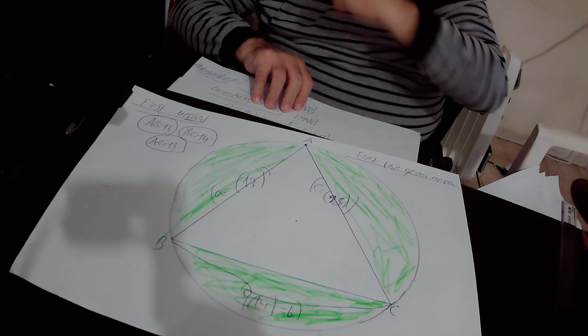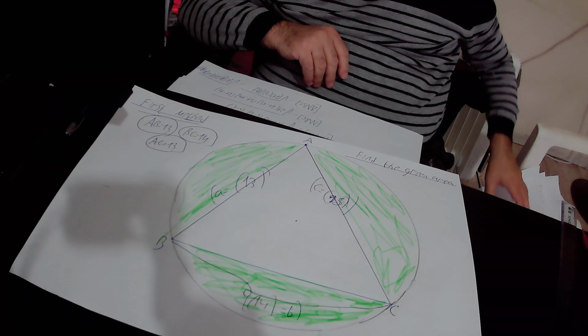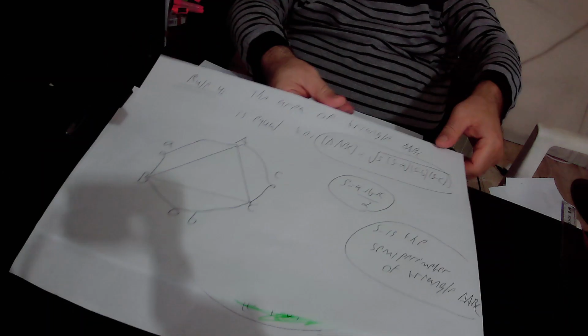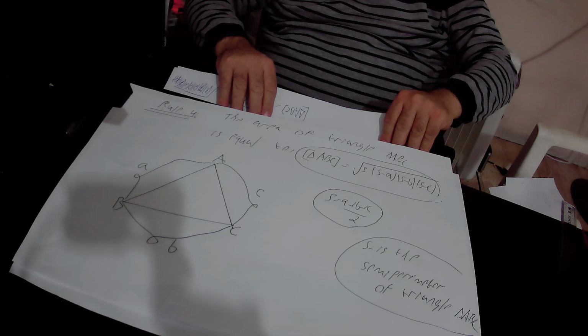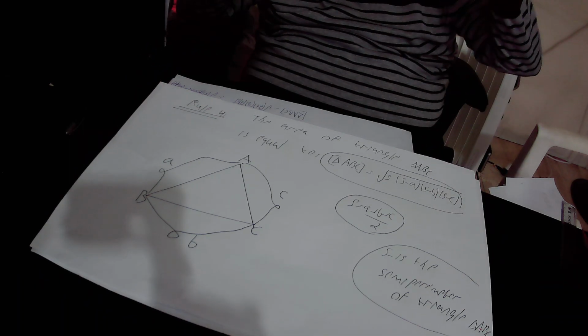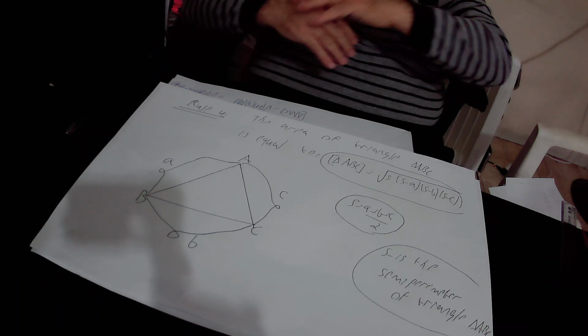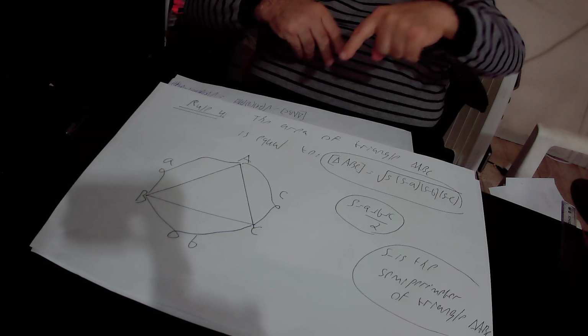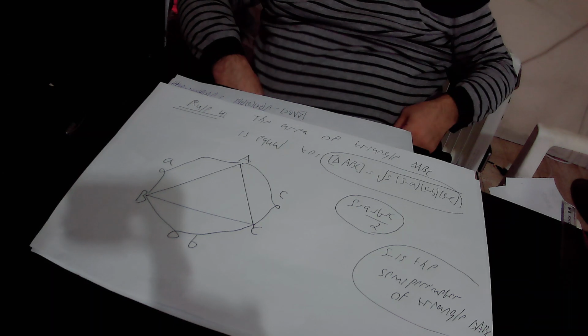So, in the first method, I presented to you a new rule, that is rule number 4. Rule number 4 helps us to find the area of any triangle. So here we have triangle ABC that could be any triangle.